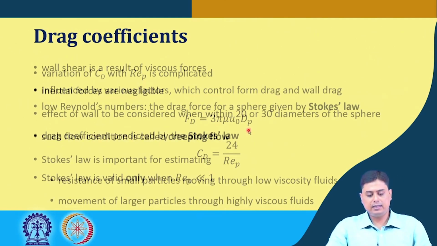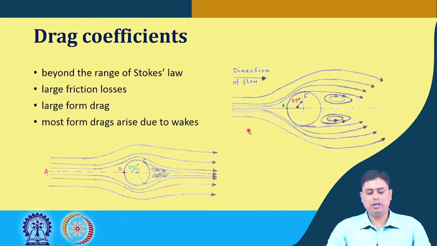And in these cases, well beyond the range of Stokes' law, flow separation happens. For example, this schematic shows a laminar flow across a spherical object, where we can see that the flow separation happens at point C. This point C is the separation point, and point B we call the stagnation point, and the wake formation occurs.